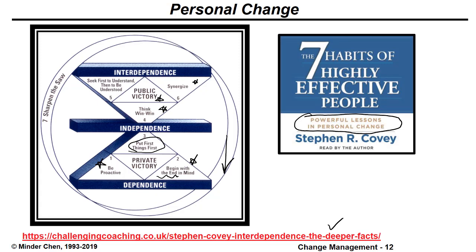Think about synergy, how you can combine the resources, skill set, and objectives with others, other organizational units, strategic partners, to achieve a greater goal. And another is seek first to understand, then to be understood, which means to be a great listener and understand other people's needs and desires.